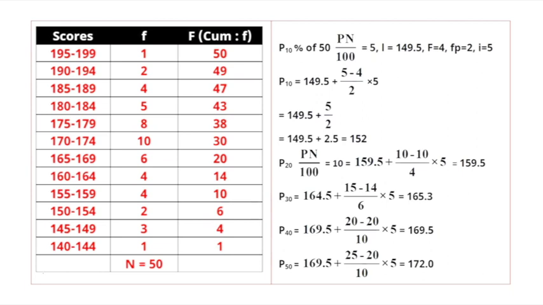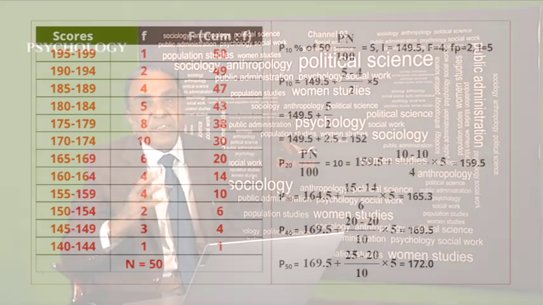Now, L is the lower limit of the class interval in which Pn upon 100 is coming. So, Pn upon 100 is coming in which class interval? 150 to 154. It is starting from 150. So, what will be the lower limit? 149.5. As I have already explained in the median, if you want to calculate the lower limit, subtract 0.5 from the score.